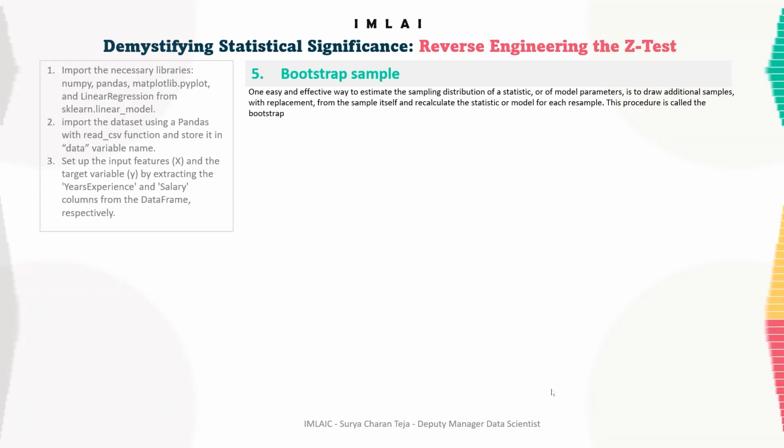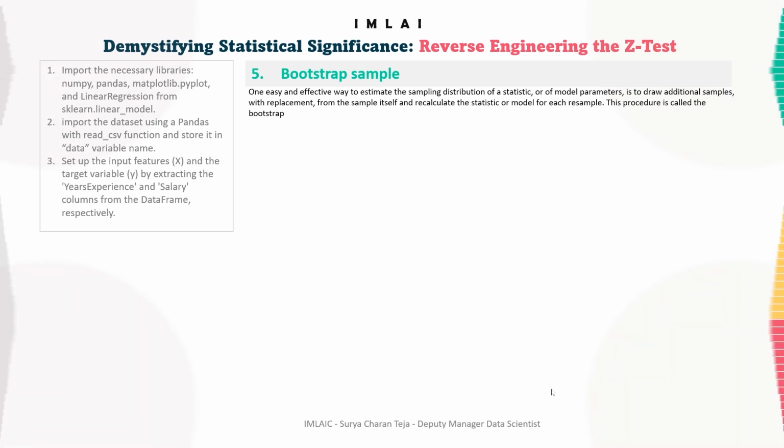One easy and effective way to estimate the sampling distribution of a statistic or of model parameters is to draw additional samples with replacement from the sample itself and recalculate the statistic or model for each resample.